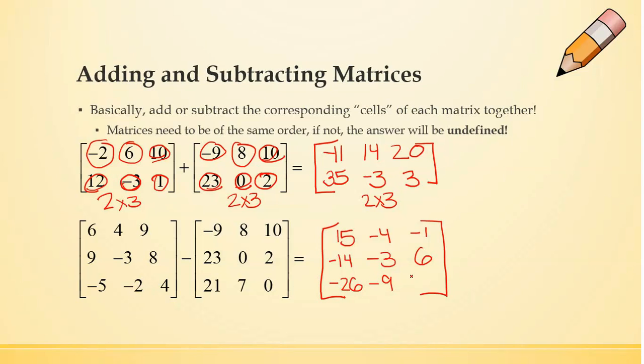And 4 minus 0 is 4. Not too bad, right? Just basically combine the two places together to make one new one.